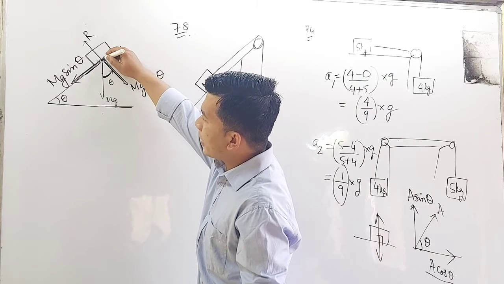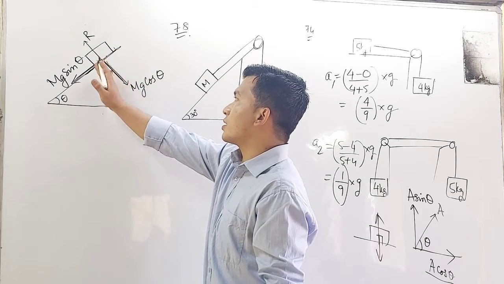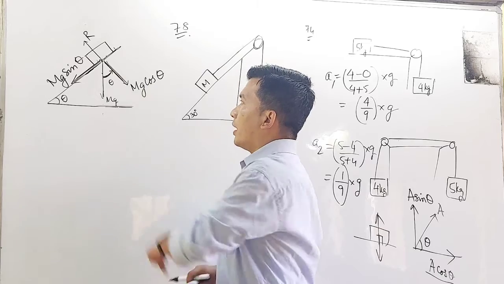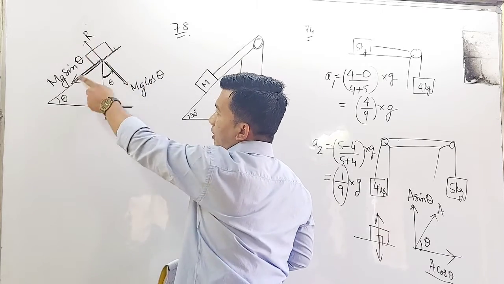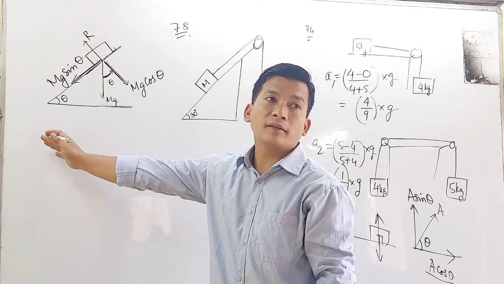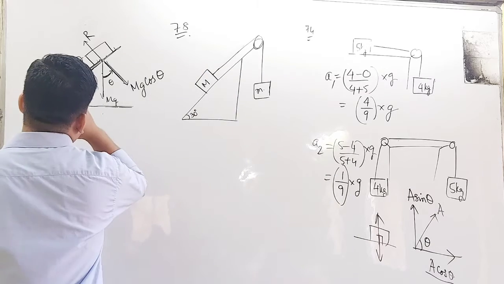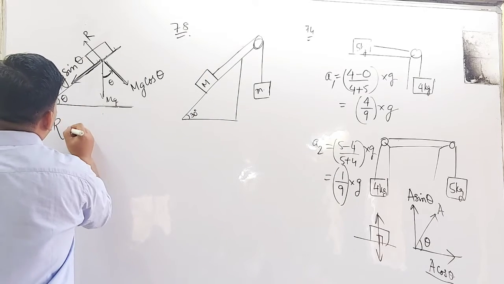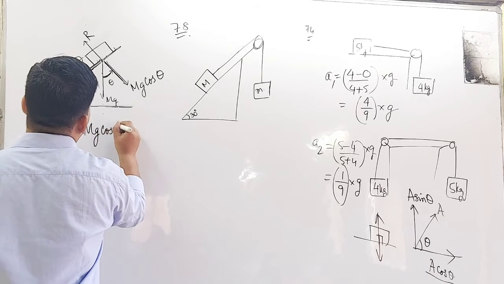The weight is acting vertically downward. Here it is resolved into two components: mg cos theta, which is directly opposite to the normal direction, and another, mg sin theta, down the inclined plane. From our diagram it is very simple that our normal reaction R is neutralized by mg cos theta.